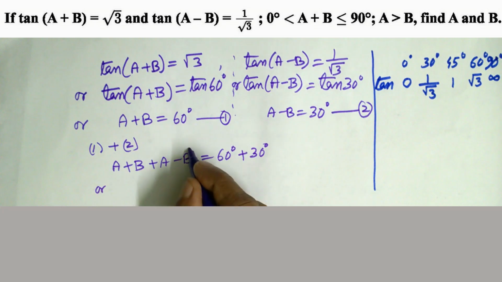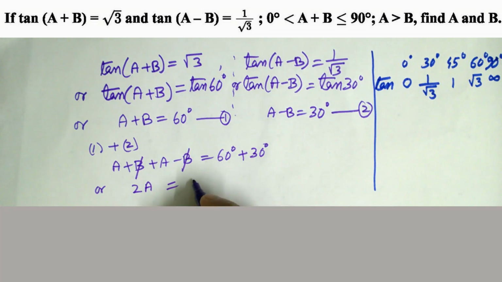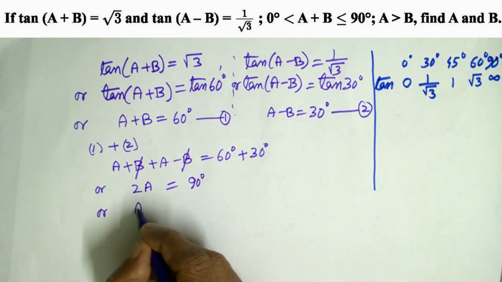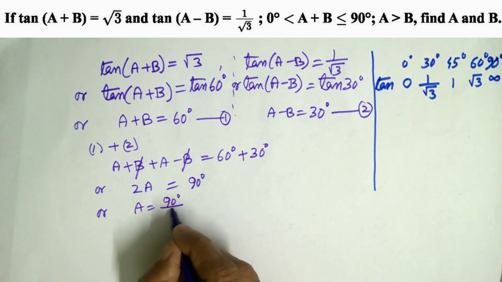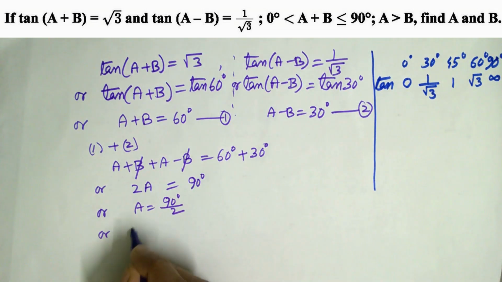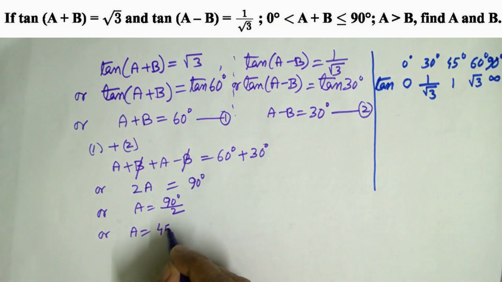So b will get cancelled. a plus a is 2a, 60 plus 30 is 90 degree, obviously. Now find a: a is equal to 90 degree by 2, or a is equal to 45 degree.